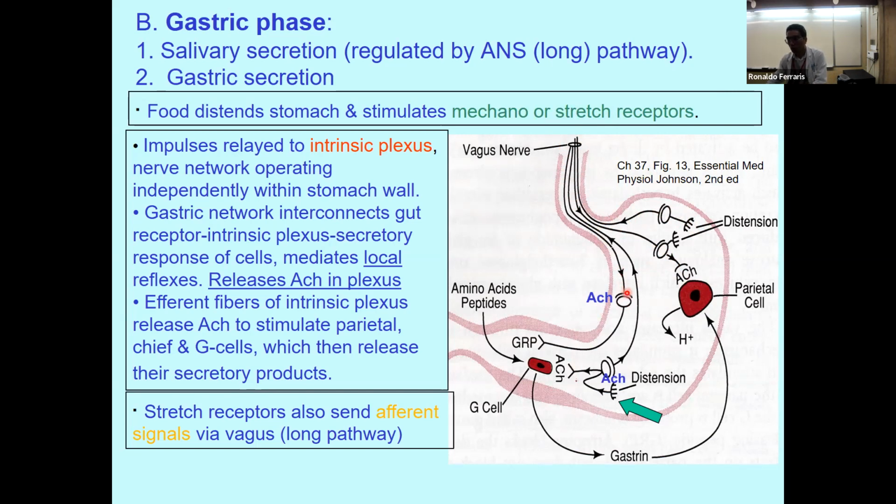And the long reflex releases GRP on G cells in the stomach. Okay, so you need to understand the conditions by which GRP is then released.